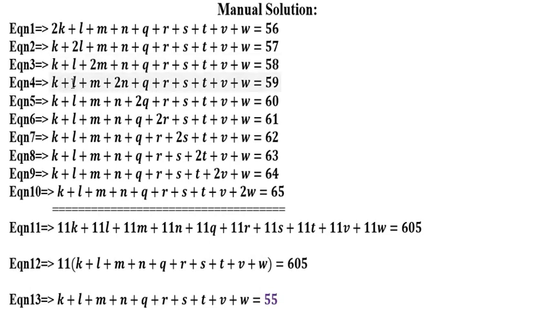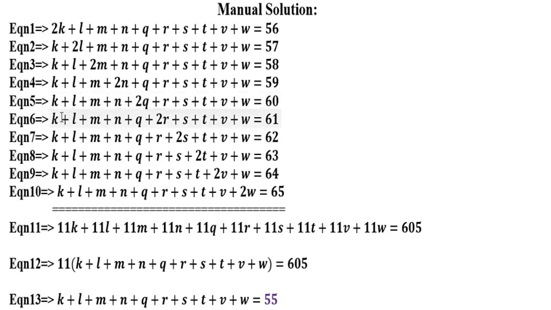Then K + L + M + 2N + Q + R + S + T + V + W = 59. Then equation 5 is K + L + M + N + 2Q + R + S + T + V + W = 60.